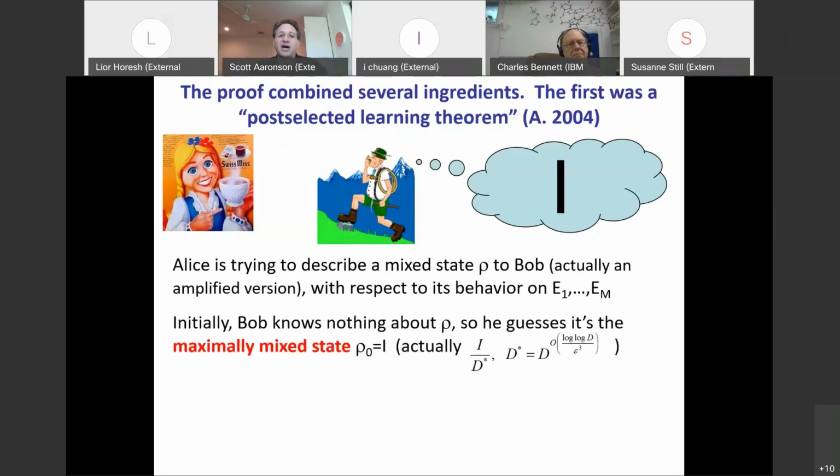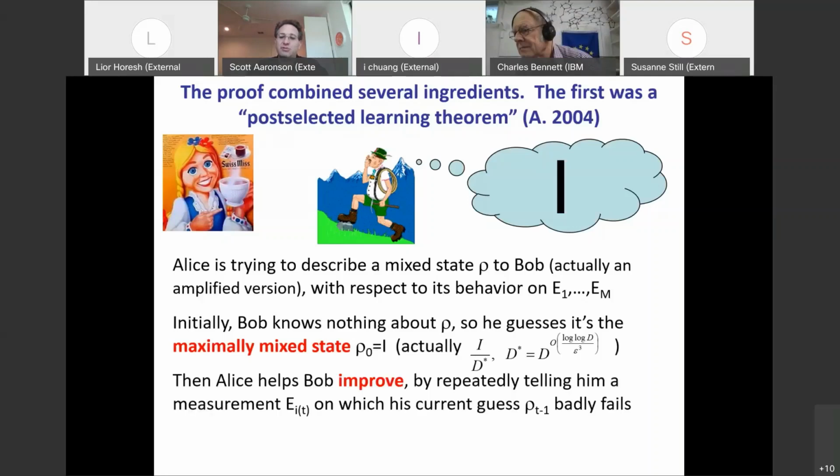She can say to Bob, "Listen, Bob, I want you to just imagine that rho is the maximally mixed state, or in other words, a completely uniformly random string. So just start by assuming that you know nothing about rho," as indeed he doesn't. Okay, or actually he'll imagine an amplified version of rho. Okay, and then what Alice is going to do is she's going to repeatedly correct his guess in a sort of Darwinian fashion.